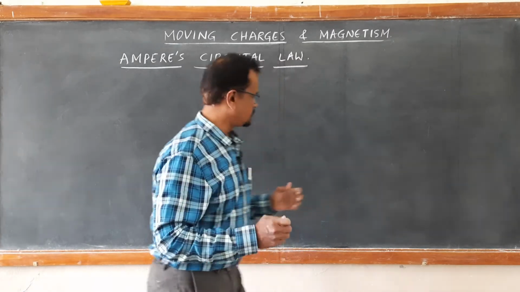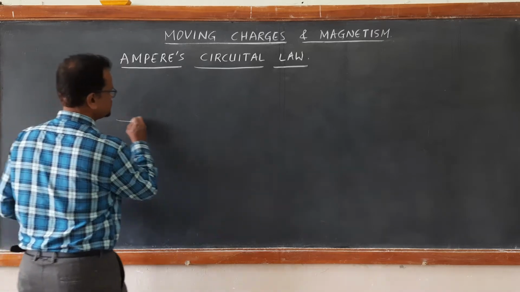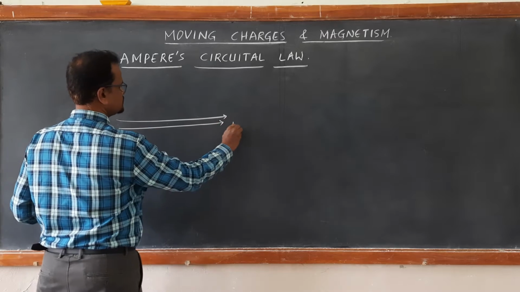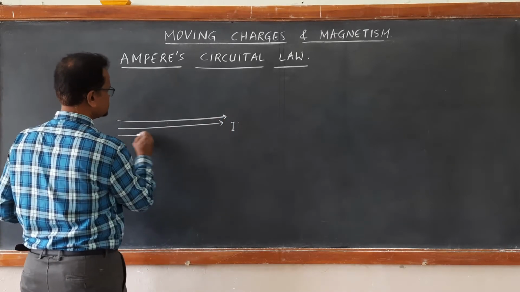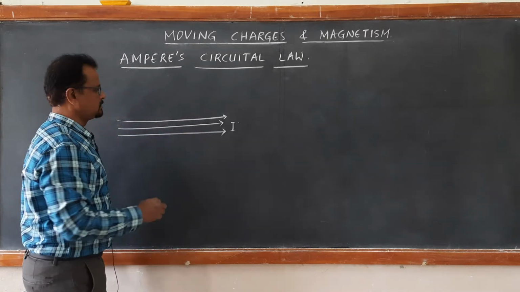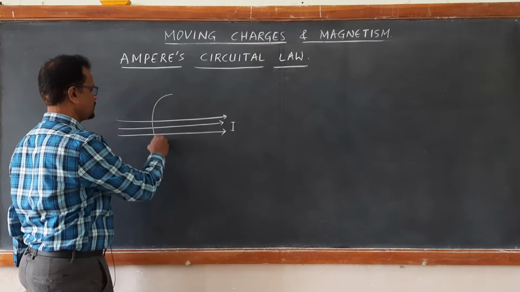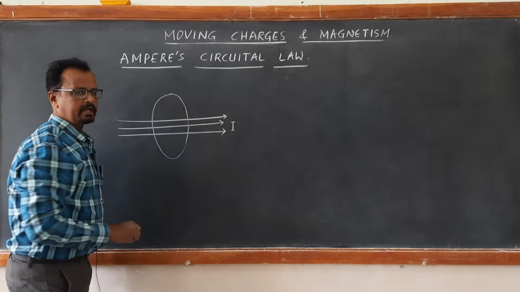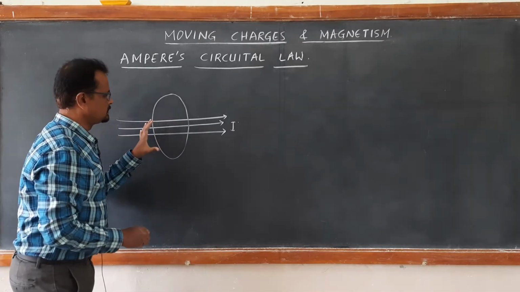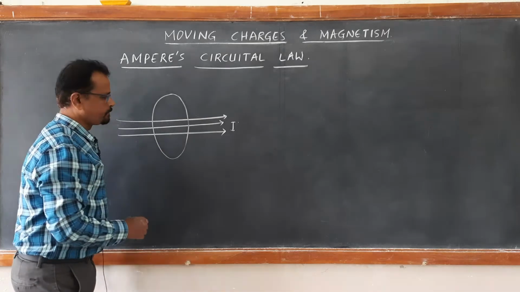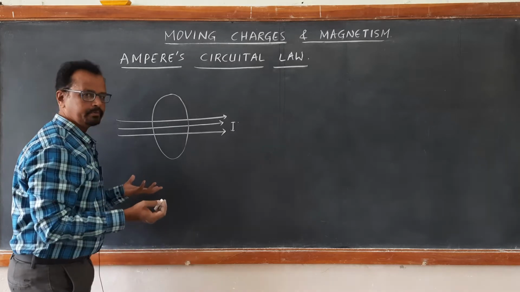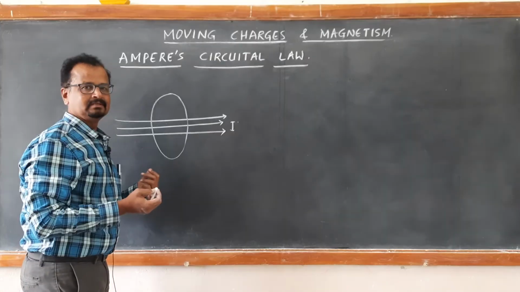So, suppose there is a current, shown by these arrow marks, and we want to find out the magnetic field around this current. So, we choose an enclosed surface, such that this surface is hollow inside, and this is forming a closed loop, and that is going to be a closed loop of magnetic field, right?